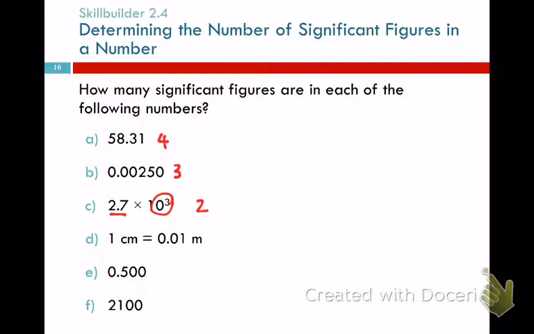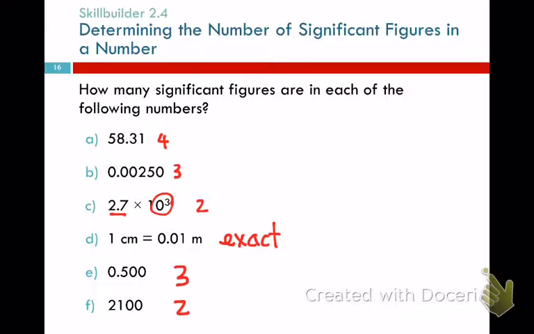It's exact. That's the definition of a centimeter. It's 1/100th of a meter. So this is exact. Like I said, some conversions are exact. 0.500, 3. 2100, 2-ish, maybe. Okay.